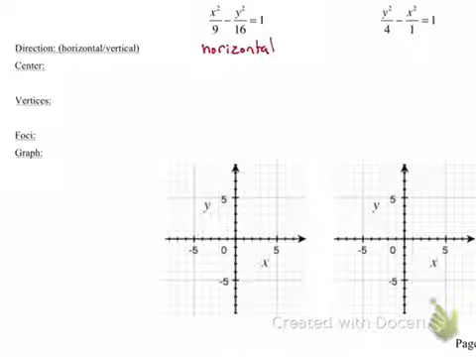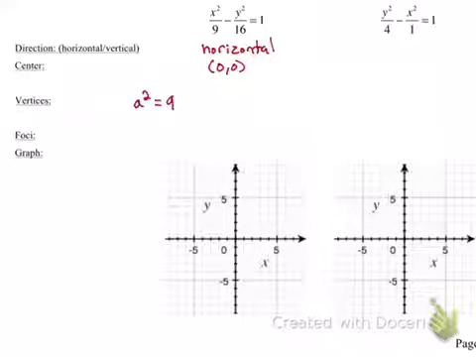All right, so this example is a horizontal hyperbola right here. This first example, I know it's horizontal because it's x squared over 9 first. My center is at 0, 0. Okay, it's because it's just like circles or ellipses, it's x minus h squared, y minus k squared. So if there's no numbers there in the numerator, the center is 0, 0.